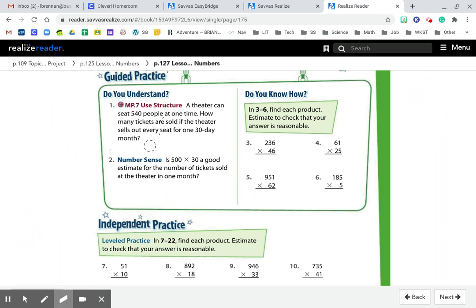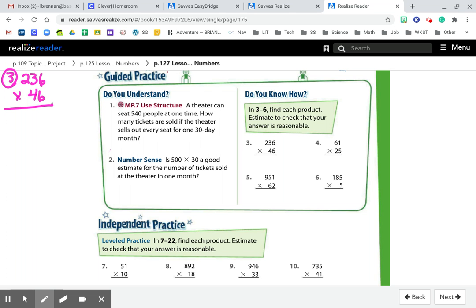You can use your estimation strategies to figure out what your answer should be around to see what's reasonable. So for number 3, in my notebook, this is what I would do. I would write the problem, put the page number, number 3, 236 times 46 is my problem. Right next to it, I would do my estimate.